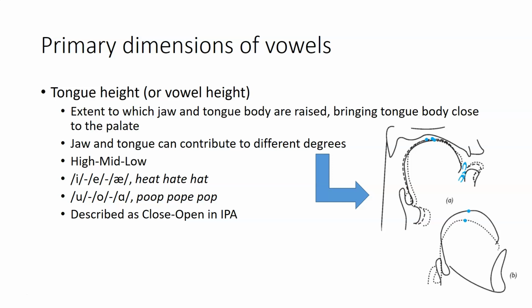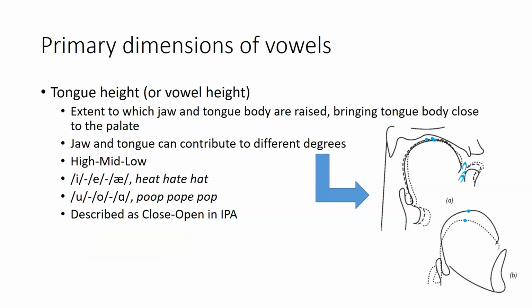Our tongue height dimensions go from high to mid to low. In front vowels, the qualities are E versus A versus A in the words heat, hate, and hat. In back vowels, the qualities are oo to o to ah, such as in the words poop, pope, and pop.